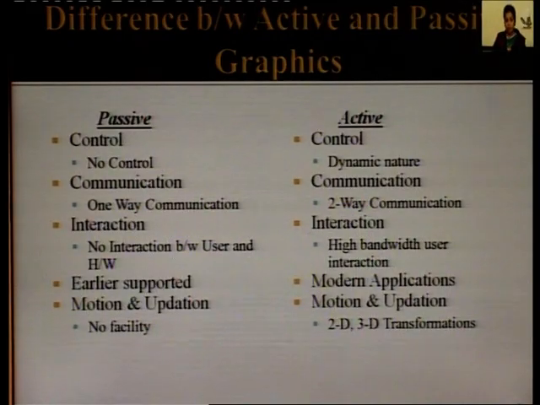Passive computer graphics has no motion updation facility. If you are discussing motion and animation, there is no animation and no updation in passive computer graphics. So if you want to design interactive computer graphics in 2D or 3D, that is active, not passive, computer graphics.